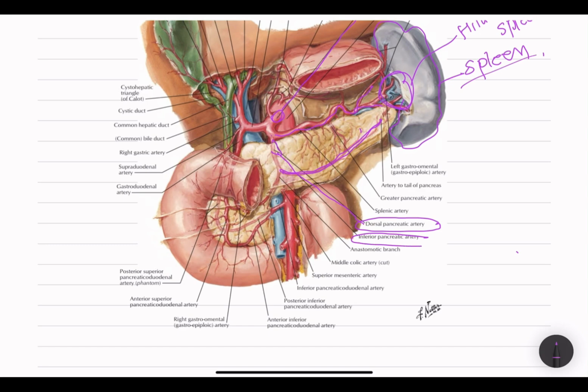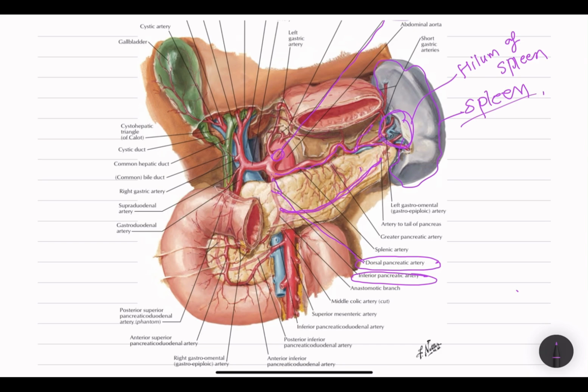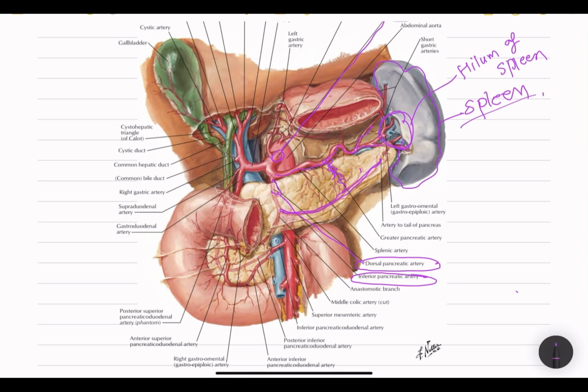You can see it anastomoses with the branches from the splenic artery and from the greater pancreatic artery.